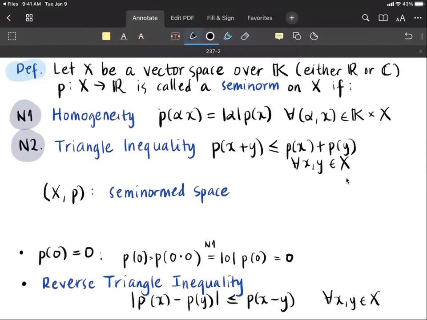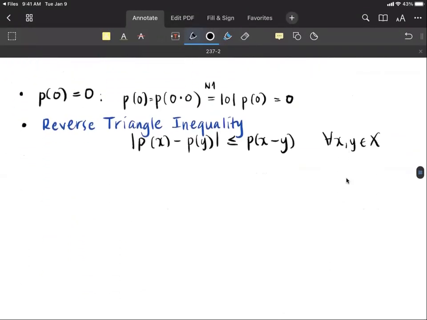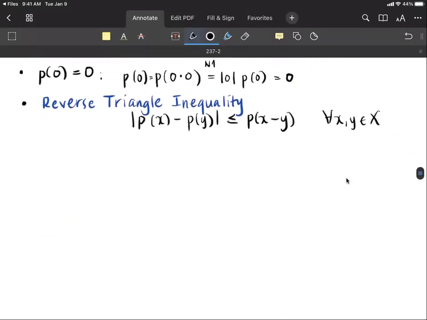We also have the so-called reverse triangle inequality, which states that the magnitude of the difference between the seminorms is less than or equal to the seminorm of the difference. So let us look at the proof. So let's start with p of x and write this as p of x minus y plus y. So we just add 0, and this 0 is y minus y.